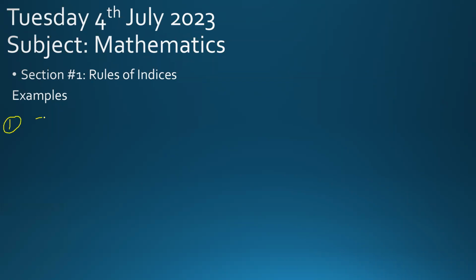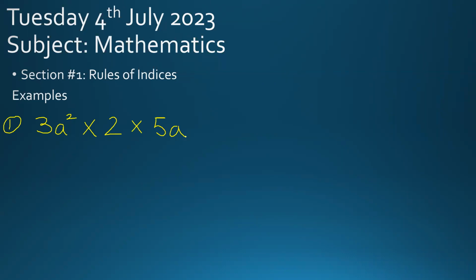Let's say we have 3a to the power of 2 multiplied by 2 times 5a. Okay, again, we have 3a squared times 2 multiplied by 5 to the power of a. So the question is, how are we going to do that?